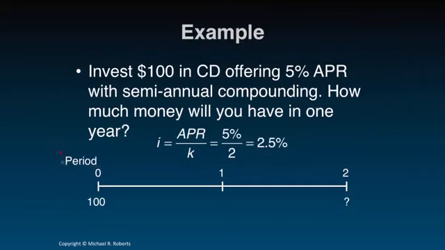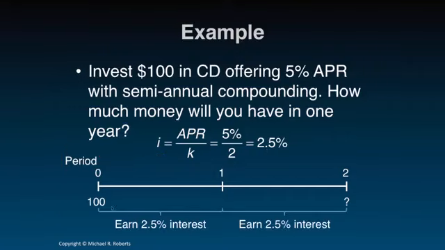If I'm going to work in periods, I better compute a periodic discount rate. That's I, which we know is APR over K, and in this case reduces to 2.5%. In other words, I'm going to earn 2.5% over the first 6 months, then I'm going to earn 2.5% over the next 6 months.